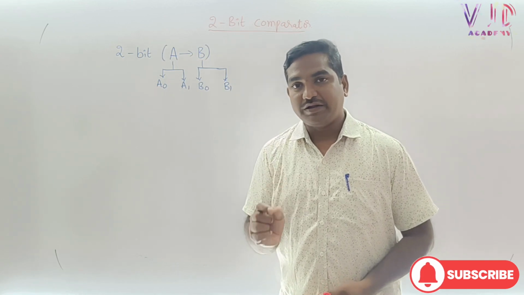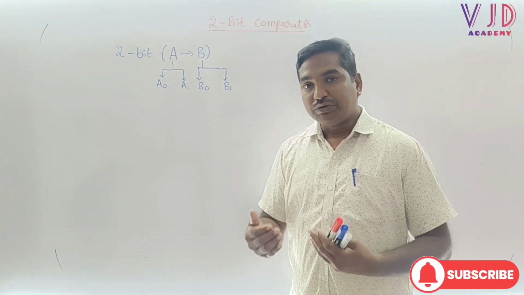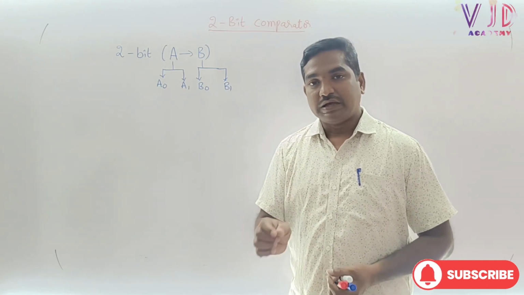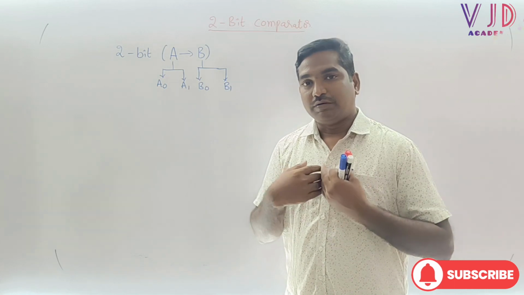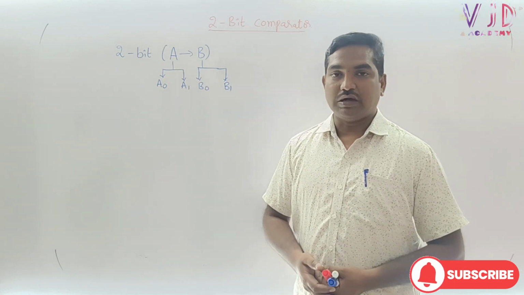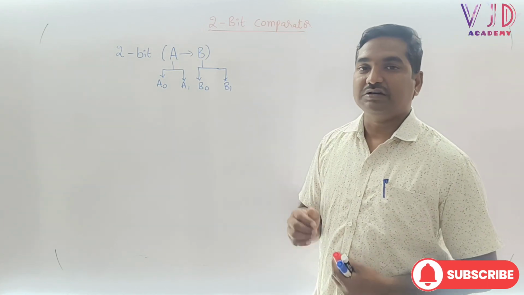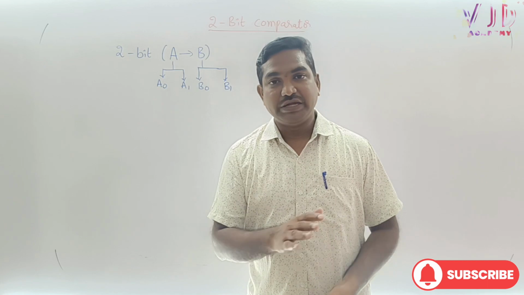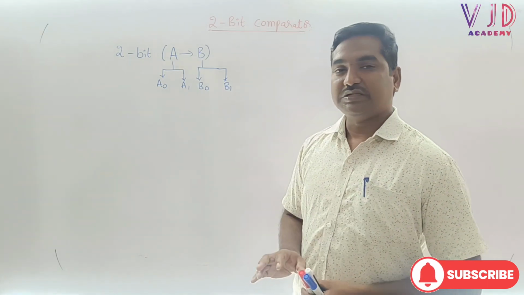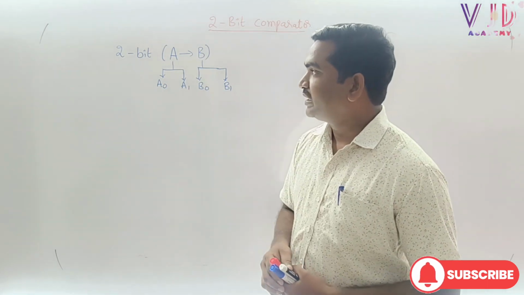We need to identify the number of inputs and number of outputs, and we need to know the characteristic equation, or Boolean equation, or logical expression, and we need to define the truth table, and we need to minimize the logical expression, and finally we need to construct the logical circuit. This is the combinational circuit procedure we follow even for 2-bit comparator.